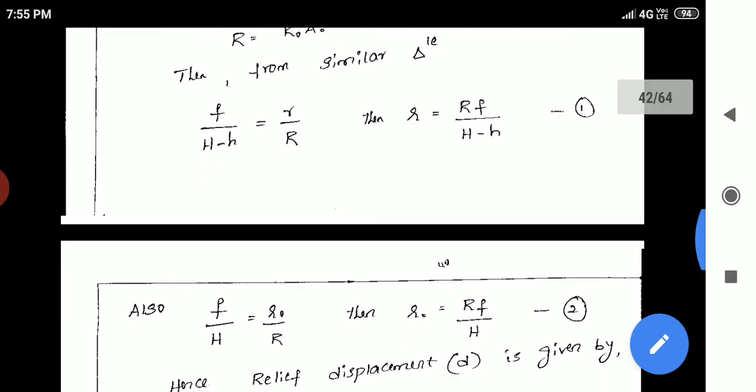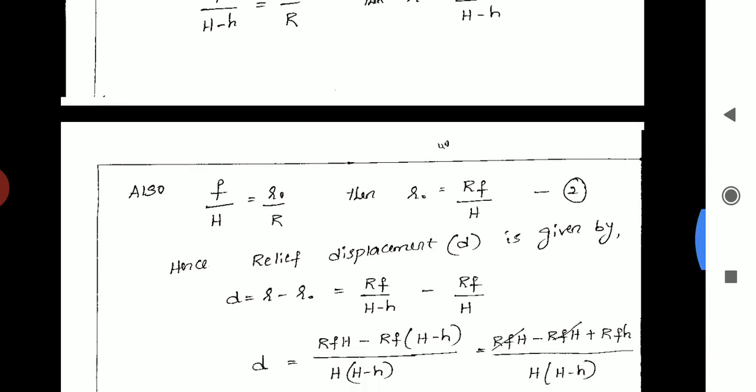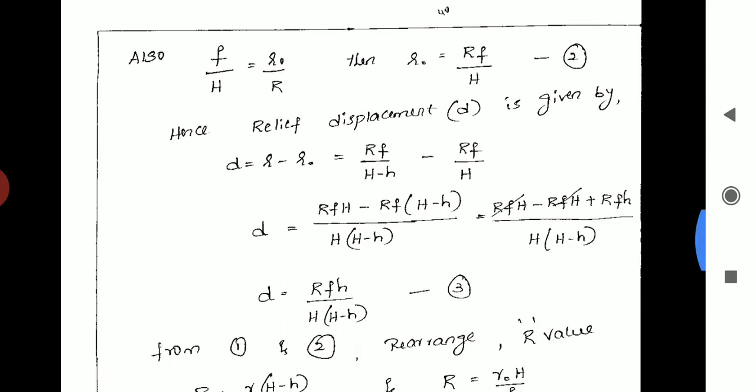I want capital R, so I have to rearrange the terms, and also in equation 2 I want capital R, so I will rearrange the R from 1 and 2.